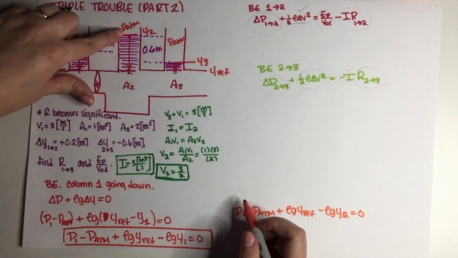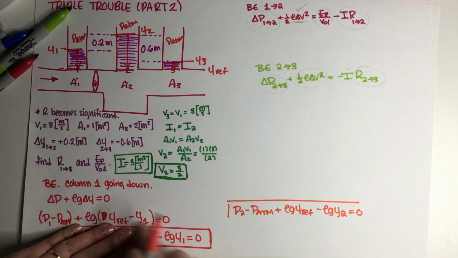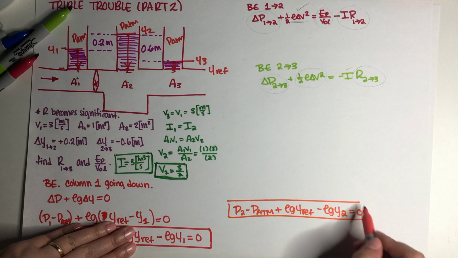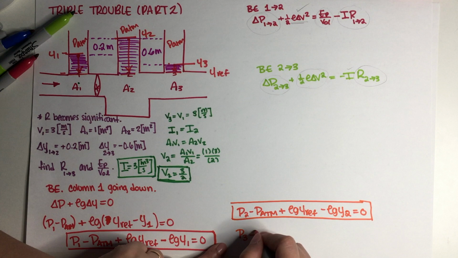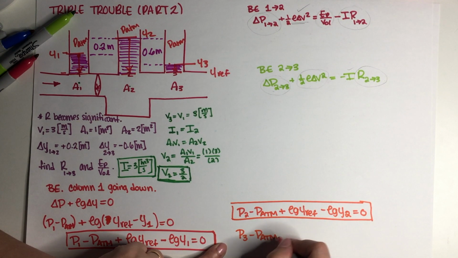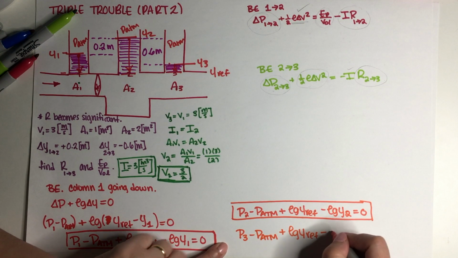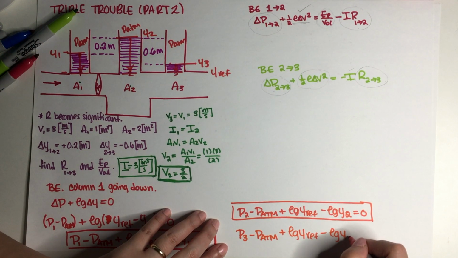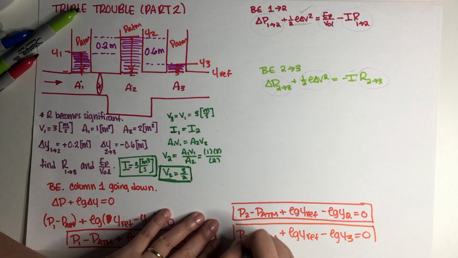That would be the equation if I go this way. Feel free to start over here and work your way to it. And for pressure 3, it would be P3 minus atmospheric pressure plus rho g y ref minus rho g y3 is equal to 0.